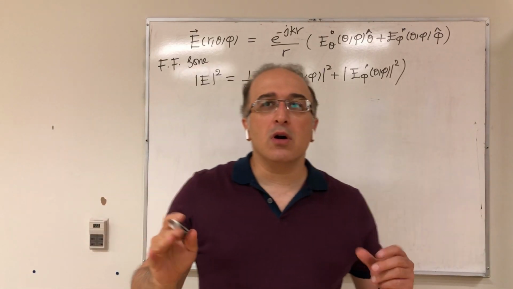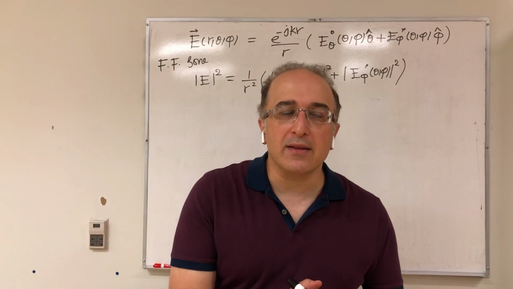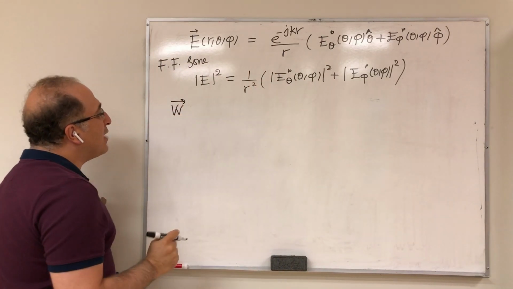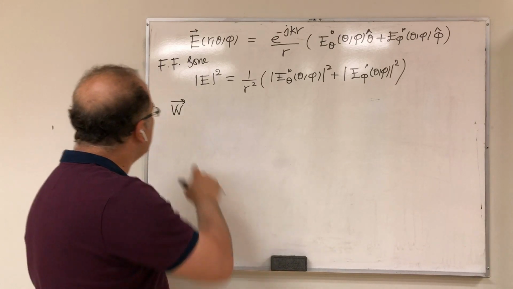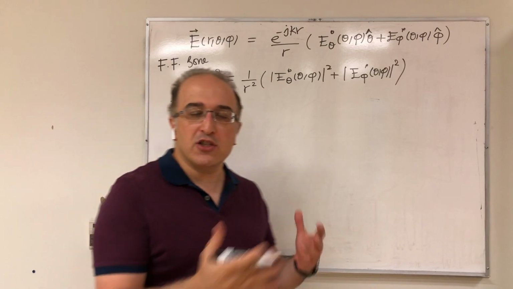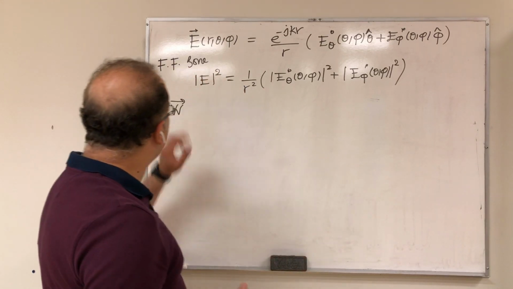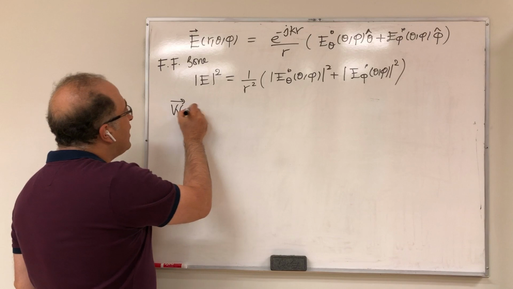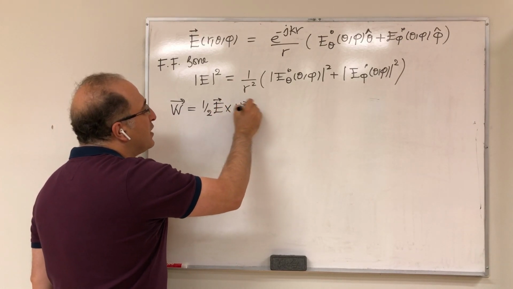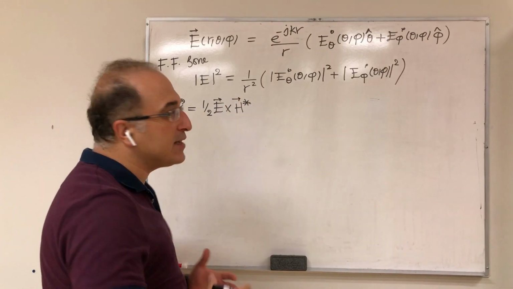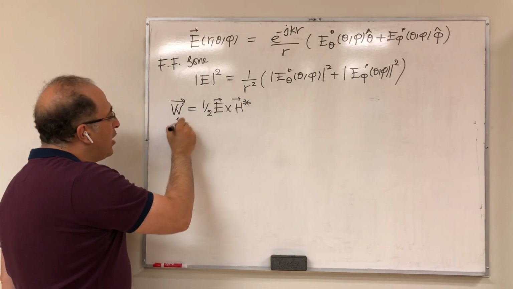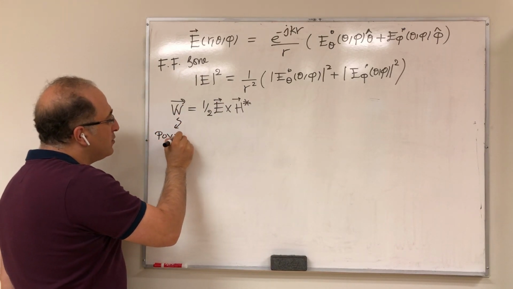Now, from your course on electromagnetics, you remember that we have something called power density, W. In my course notes, you might also see AV as a subscript, which means time average, but for simplicity I just write it as W equal to half E cross H complex conjugate. So this is essentially the power density, or Poynting vector.